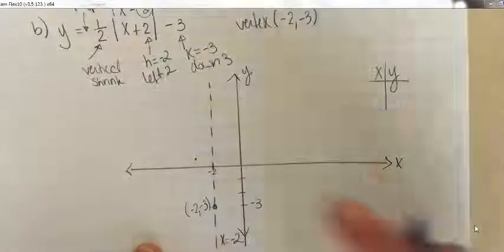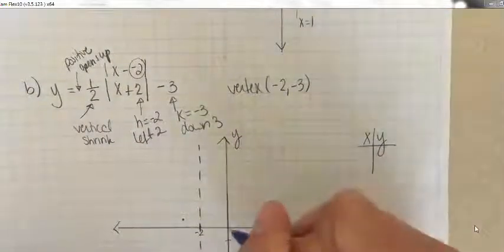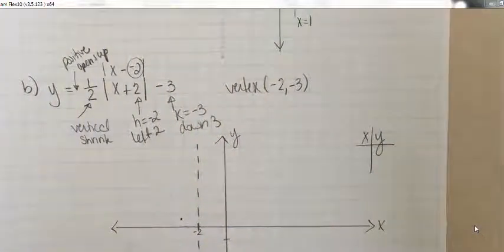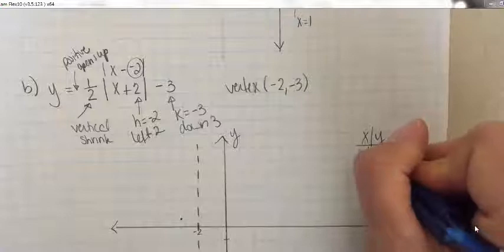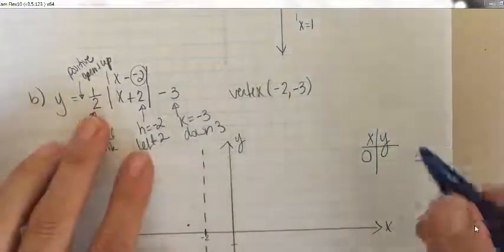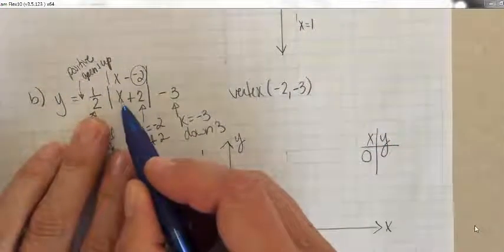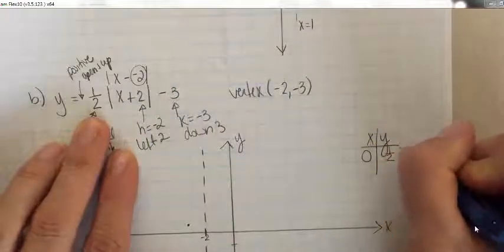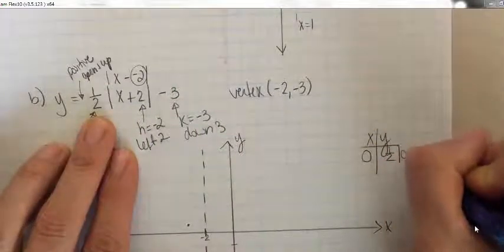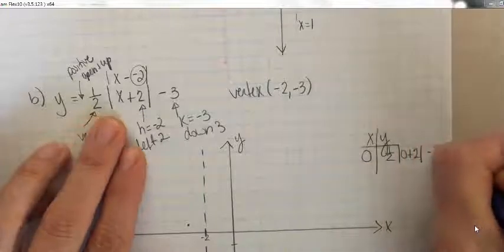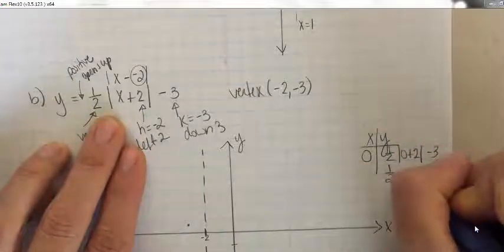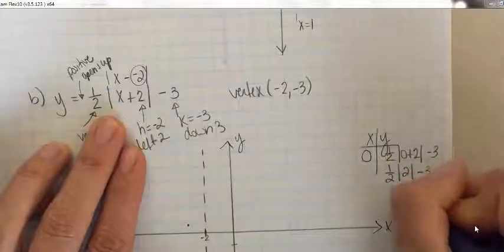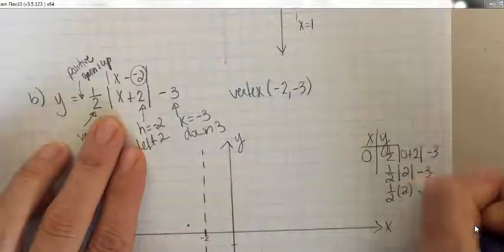So let's see here. If I plugged in 0, then I'd end up with my y-intercept. So let's see what that looks like. If I plug 0 in, I'm going to have 1/2 of the absolute value of 0 plus 2, minus 3. So that's really 1/2 of the absolute value of 2, minus 3, or in other words, 1/2 of 2 minus 3.